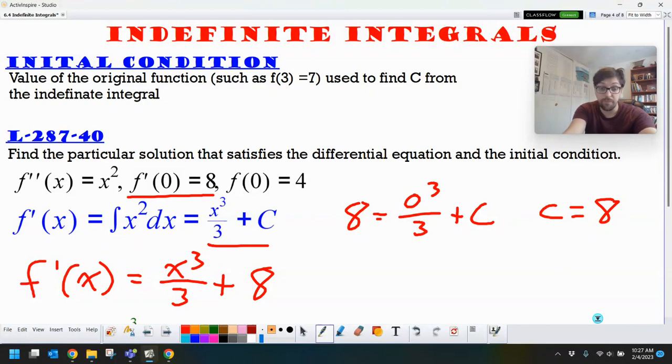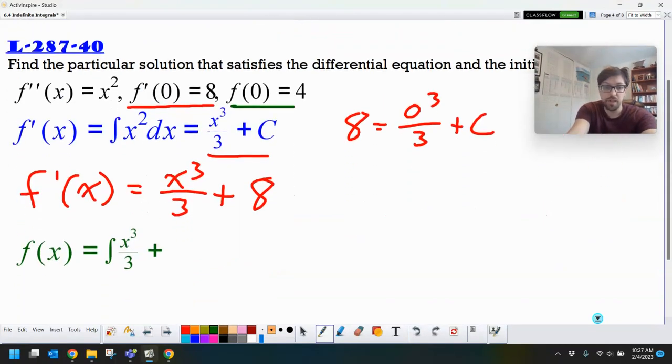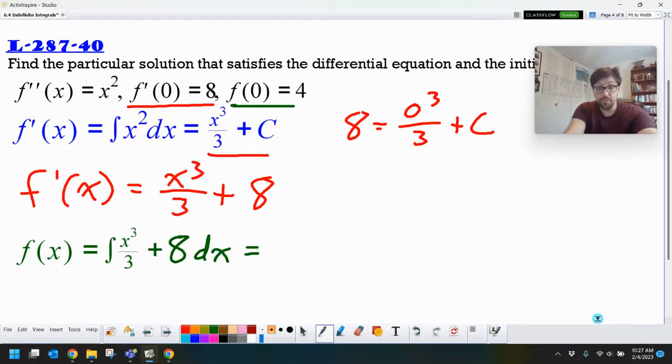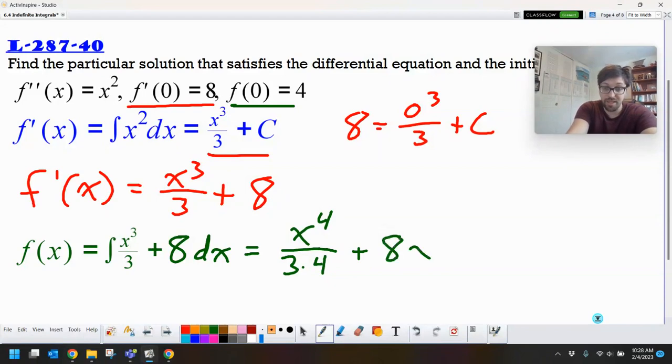We can go one step further in this problem to find what's going on with the original function. So we just do that antiderivative again. The original function is going to be the antiderivative of x cubed over 3 plus 8. Applying our power rule, we get x to the 4 over 3 times 4 plus 8, and we get a new x on that 8, plus a new c that we're going to have to track down.